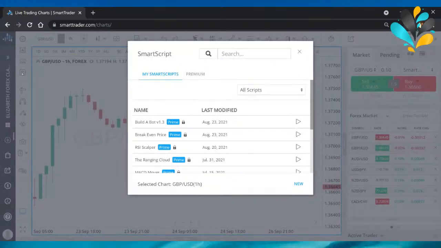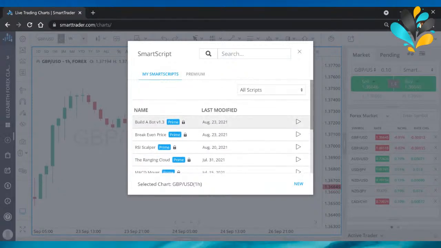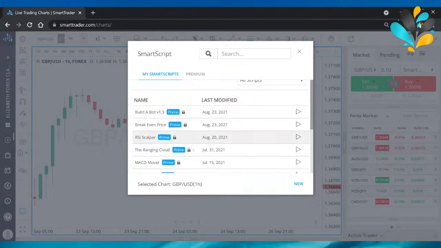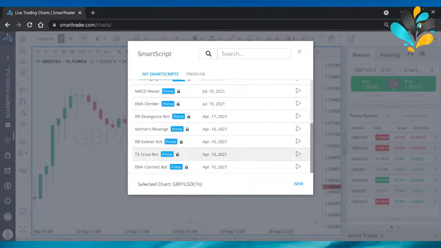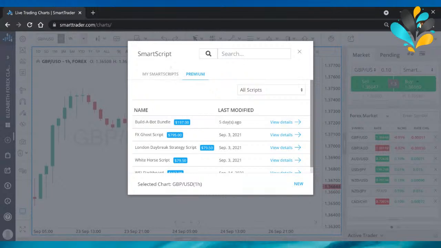If you are a person that does coding or likes to write scripts, which is just programming or coding, then you can either select one of the codes that persons have already used within this software, Smart Trader, and you can also purchase them.